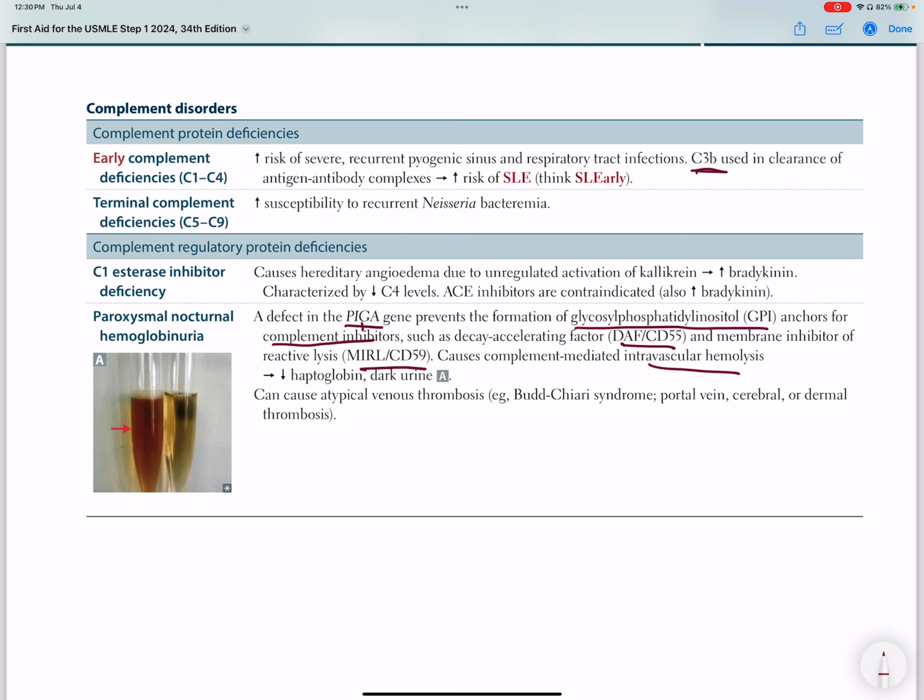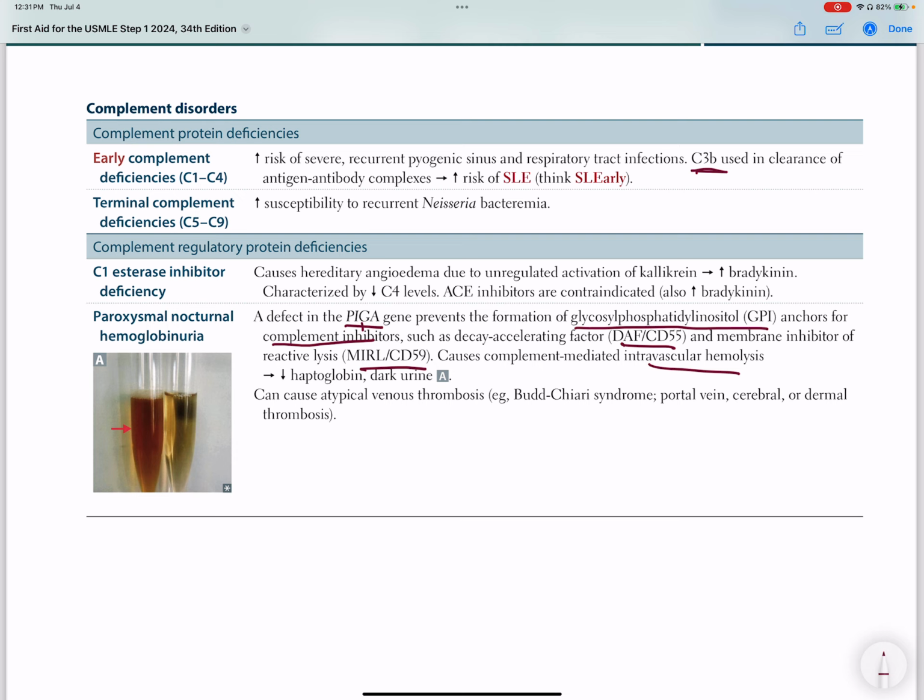With C1 to C4 deficiency, there is increased risk of severe recurrent pyogenic sinus and respiratory tract infection. C3b is used in clearance of antigen-antibody complexes, so there is increased risk of SLE. Think SLE early. Terminal complement deficiency, C5 to C9, causes increased susceptibility to recurrent Neisseria bacteremia.